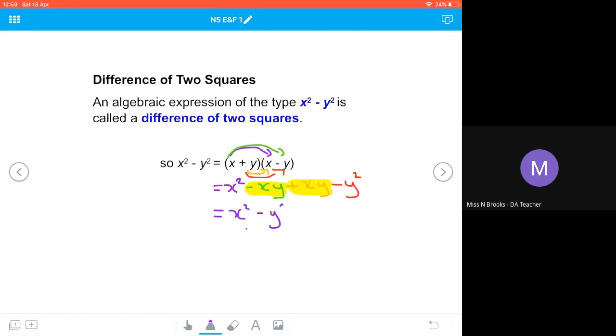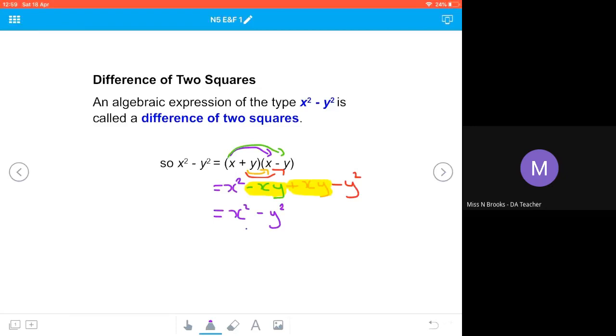So basically the first term in each of our brackets is the square root of the first term in our difference of two squares, and the second term of our brackets is the square root of the second term of our difference of two squares, and one of our brackets is going to be positive, a plus, and one of our brackets is going to be a negative, so it's going to be take away.